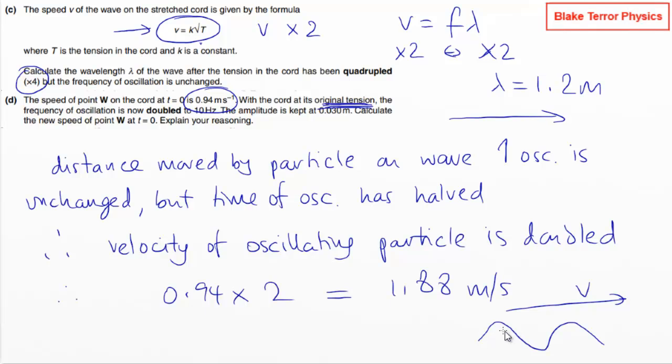What has changed is the velocity of how quickly these particles are moving up and down. The higher the frequency, the faster they move up and down. If V has not changed while we doubled the frequency, then we must have reduced the wavelength in order to have the same wave velocity.